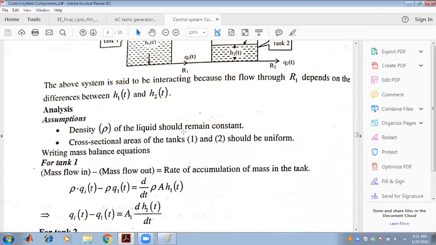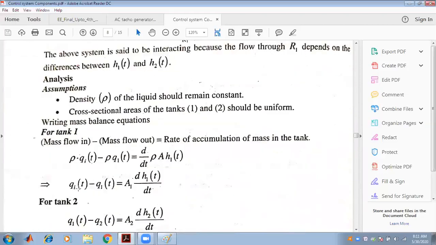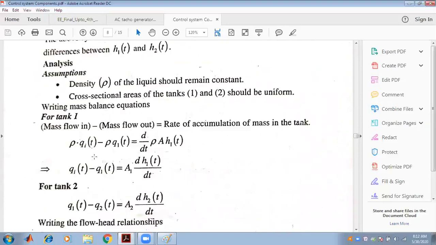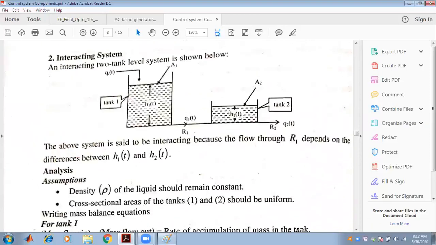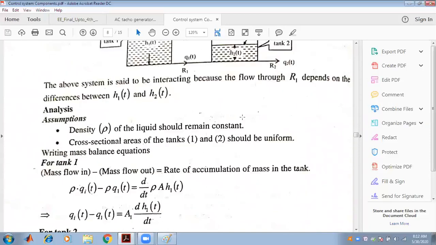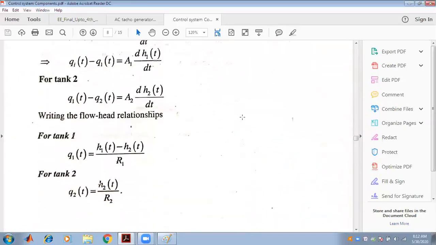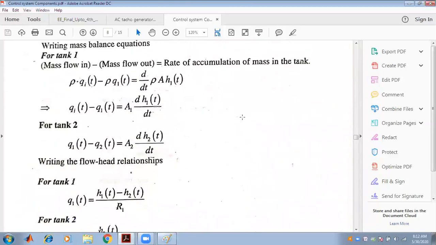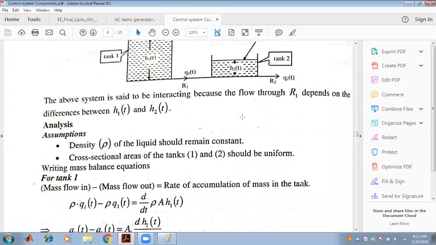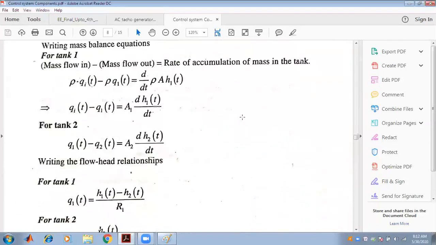If the density is constant, Qi(t) minus Q1(t) equal to A into ddt of H1(t). Again for the tank 2 it will be Q1(t) minus Q2(t) equal to A2 into ddt of H2(t).